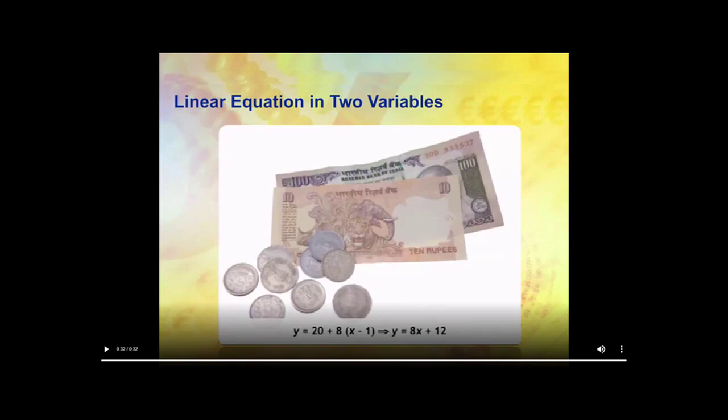If you are traveling totally x kilometers, the remaining distance is x minus 1. For the first kilometer, you are paying 20 rupees. For the next x minus 1 kilometers, you are paying 8 rupees. So 8 into x minus 1. Understood? Yes, ma'am.